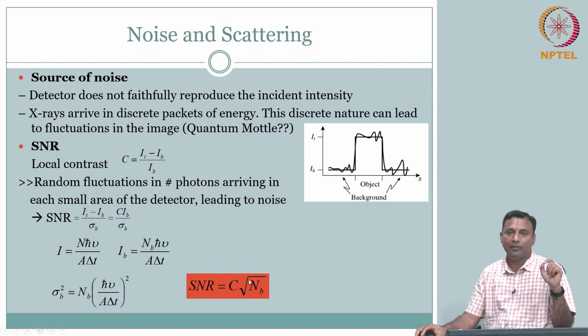Well, that could help, but the problem is that it is not just image quality, it is biosafety. That means if we increase the exposure and number of photons, then there is a problem with radiation dosimetry, right? We talked about radiation dosimetry. So nothing is free. So you will have to play with this.